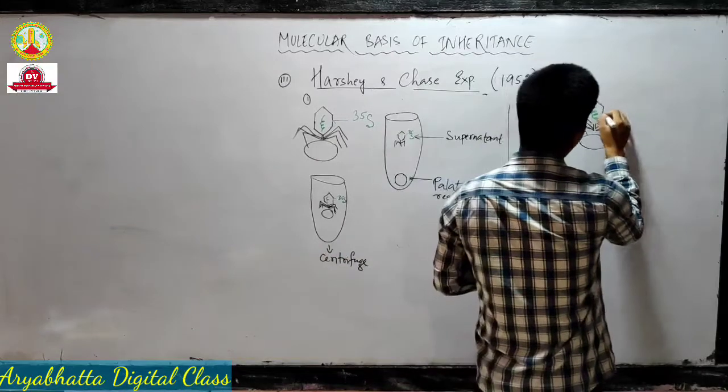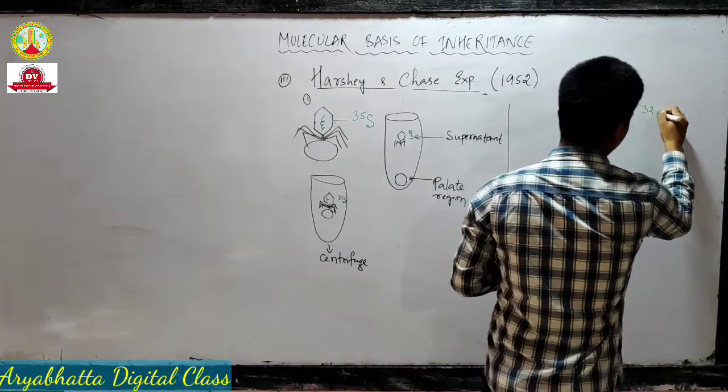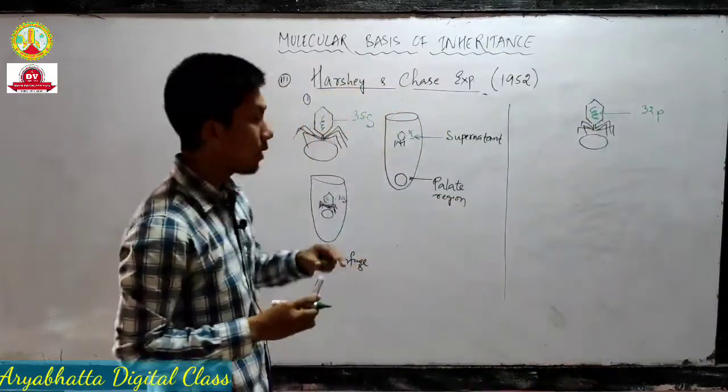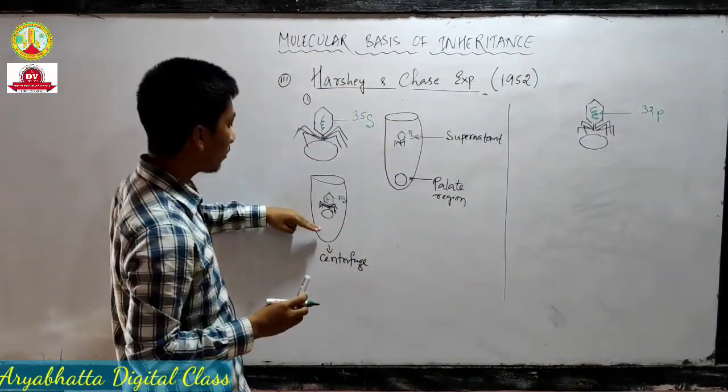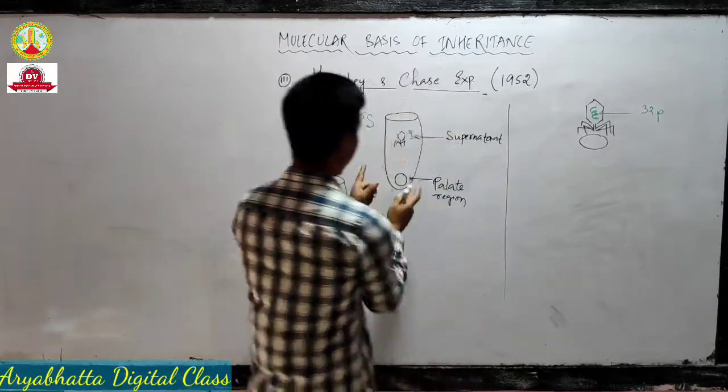Now phosphorus 32 always binds with the DNA molecule. Now a similar experiment was done. They centrifuged it.